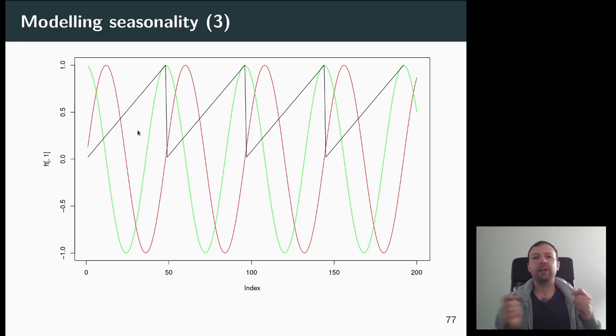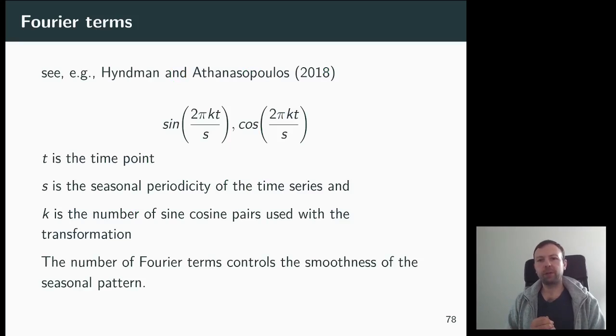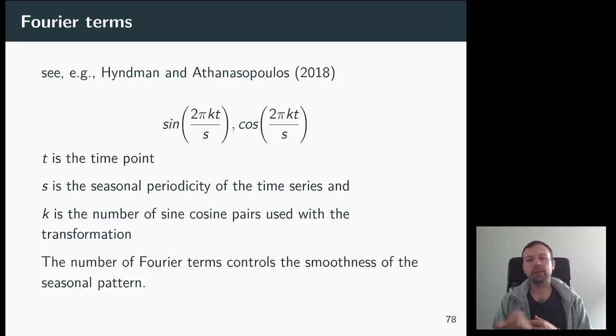So you need a sine and a cosine to uniquely identify this value in the cycle. And now it turns out that if you use more of these Fourier terms, not only one sine and one cosine, but more with also shorter wavelengths, then that can actually control the smoothness of the seasonal pattern.